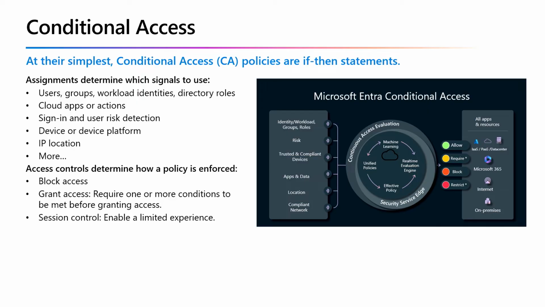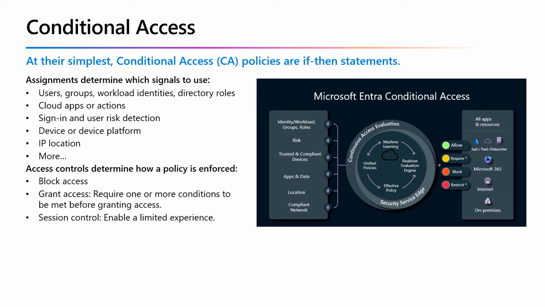With the assignments, an admin can determine which signal to use. The assignments portion of the policy controls the who, what, where, and when of the conditional access policy. If you have more than one assignment configured, all assignments must be satisfied to trigger a policy.